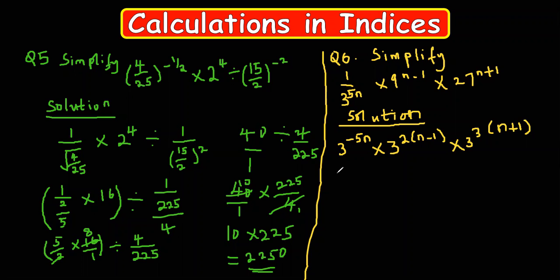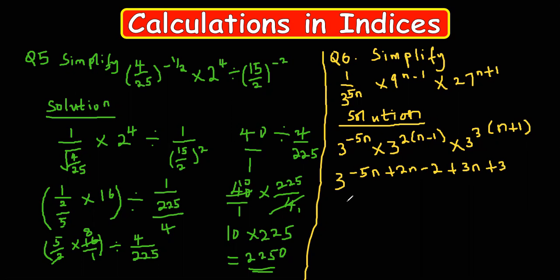So please, you can just write down your 3 and then the indices. So minus 5n plus 2 times this guy is going to be 2n minus 2. Then plus 3 times this guy, we should have 3n plus 3.